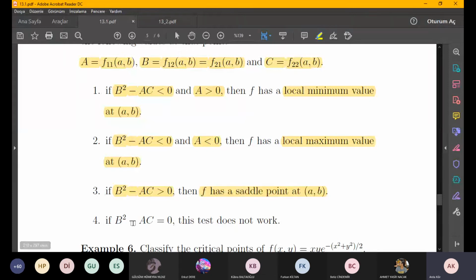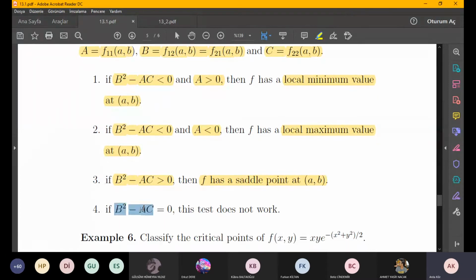And the last case: if B squared minus AC is equal to 0, then from that result you cannot classify that critical point, so the test does not work in that case. So that means you should use another method to classify the critical point here.